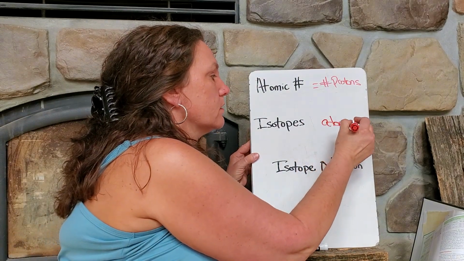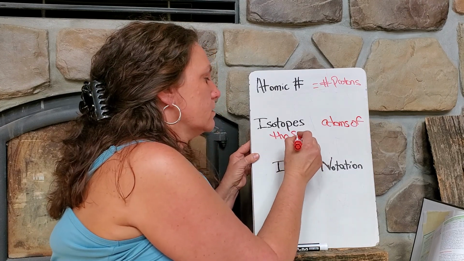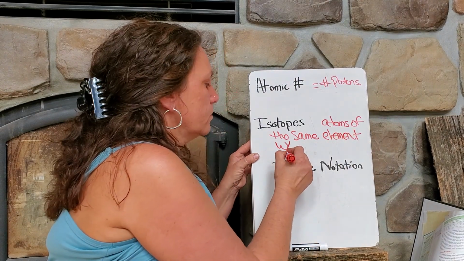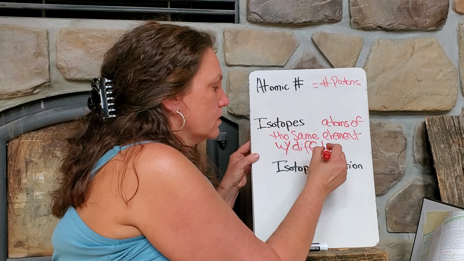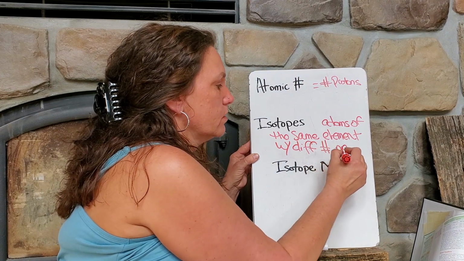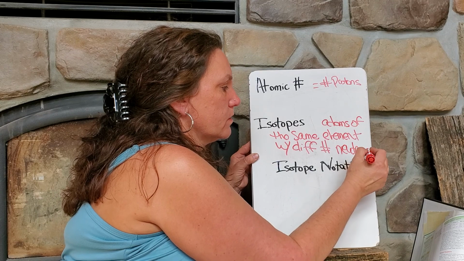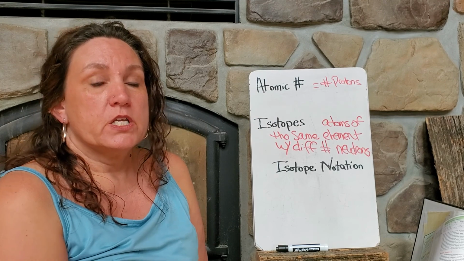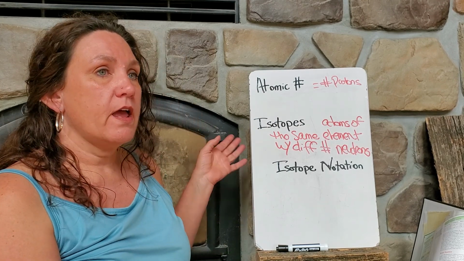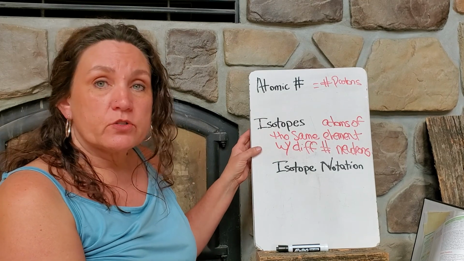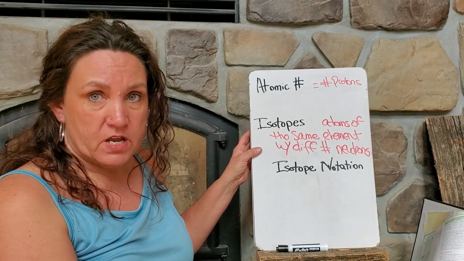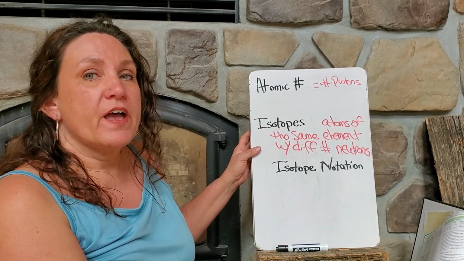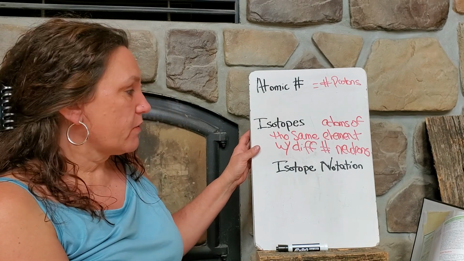Atoms of the same element with different numbers of neutrons. So what we learned before was that there's absolutely no difference in an atom with, say, 5 neutrons or 6 neutrons. It's just a variation. It changes the weight of them. Not exactly true, and that's where our whole nuclear chemistry stuff comes up.